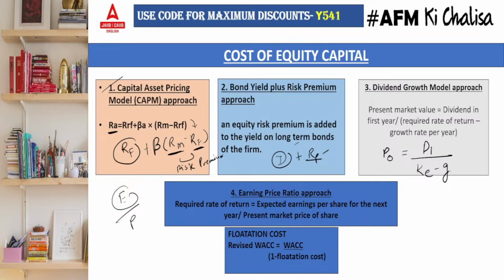Then we have flotation cost, the cost which is unavoidable, which is required if you want to go to the banks and all, shares and all. We're trying to float your money into the business. So how do you do that? By having that one minus the specific amount.